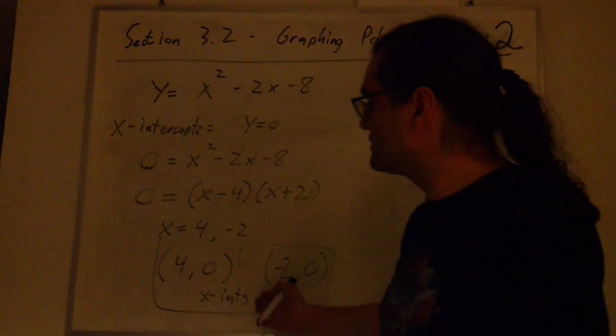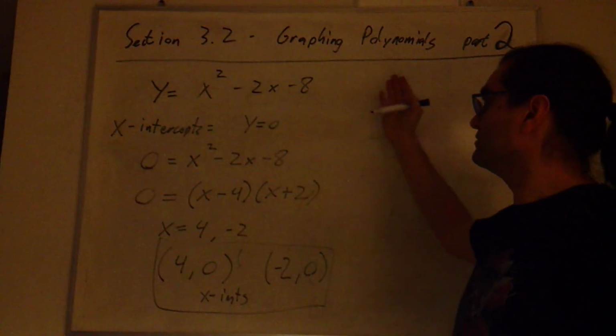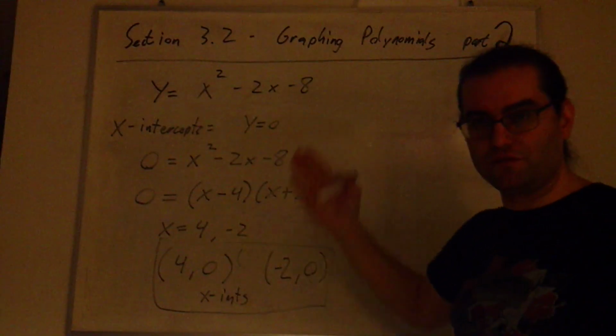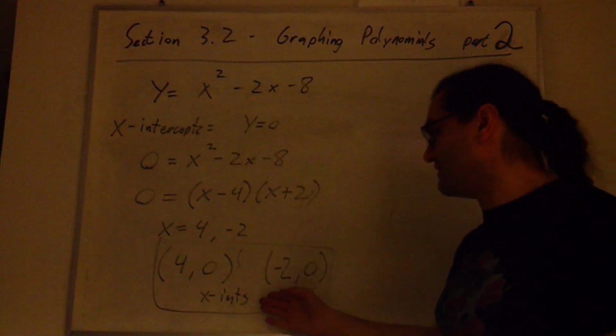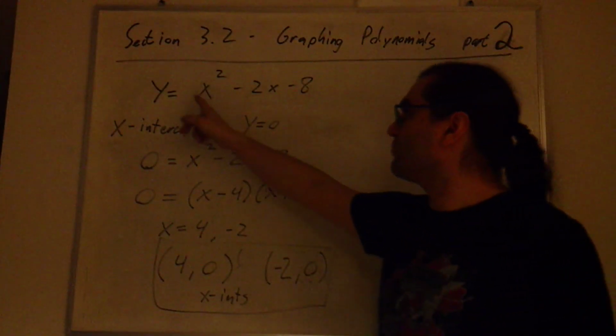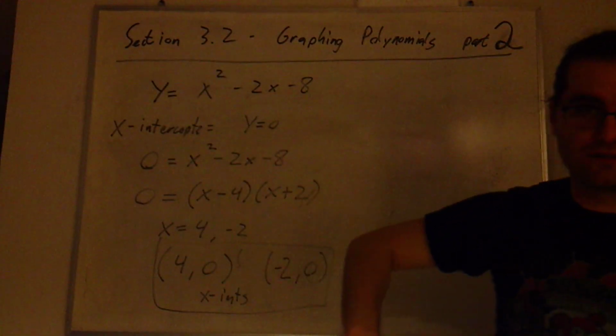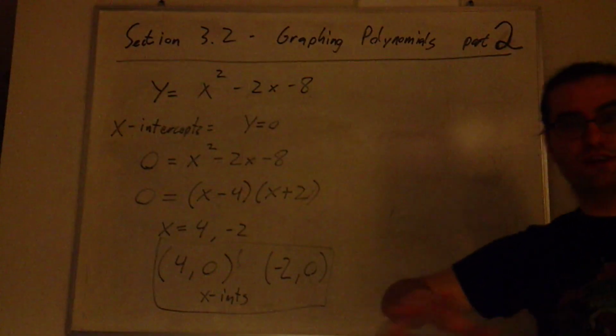Finding your x-intercepts, honestly, is going to be the hardest part of graphing polynomial functions. X-intercepts are always going to involve a process of setting your polynomial equal to 0 and factoring. There's going to be a lot of factoring in your future.